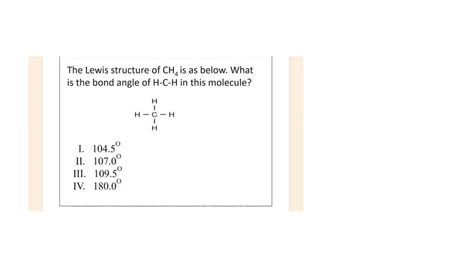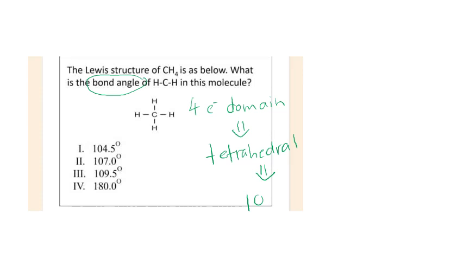Okay, last question in this video. They asked us about the bond angle for the molecule CH4. As we all know, this compound has 4 electron domains, so the basic geometry is tetrahedral. When it is tetrahedral, the bond angle is 109.5 degrees.